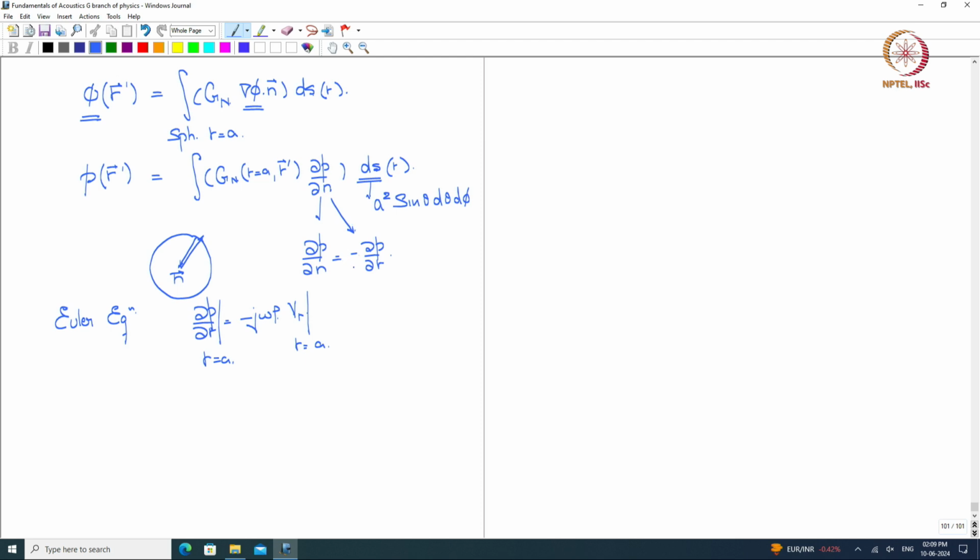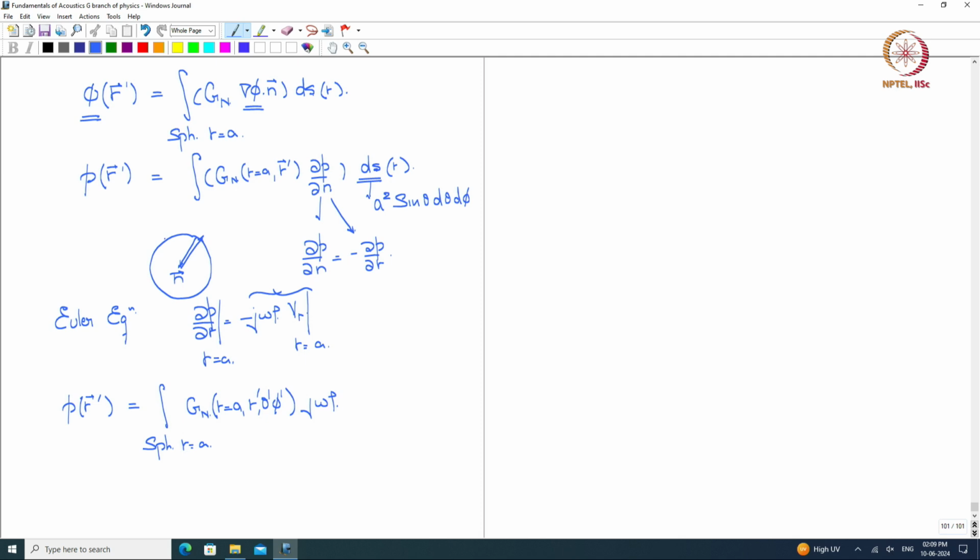Then del p del r with a minus comes this term which also has a minus. Okay. So my p at r dash location is given by the integral over a sphere of radius a, g n, okay, r equal to a and r dash theta dash phi dash, then double minus j omega rho and V r, velocity on the surface.